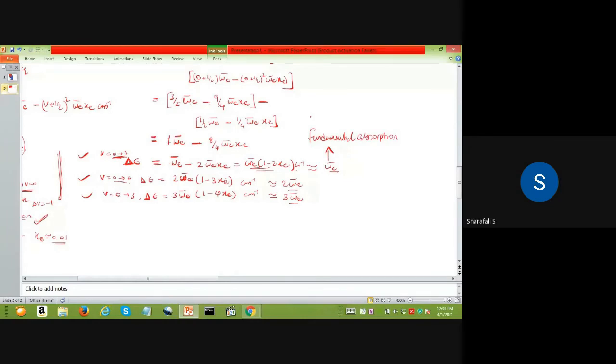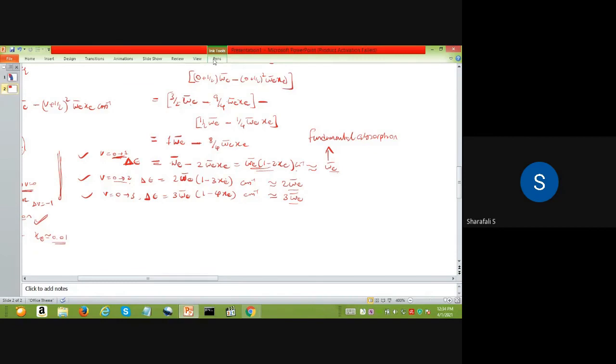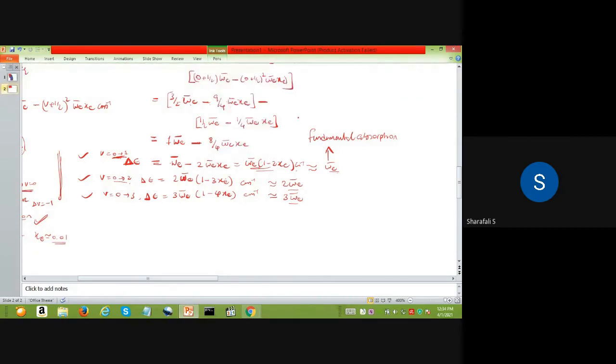If you want to write it, it will be like the spectral line. I use spectral line because we are talking about the absorption here. We are not talking about the frequency. So I should write it like the spectral line near to omega E bar, which is called the fundamental absorption or fundamental absorption peak or line.